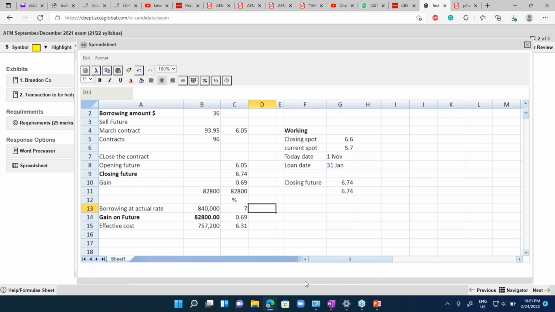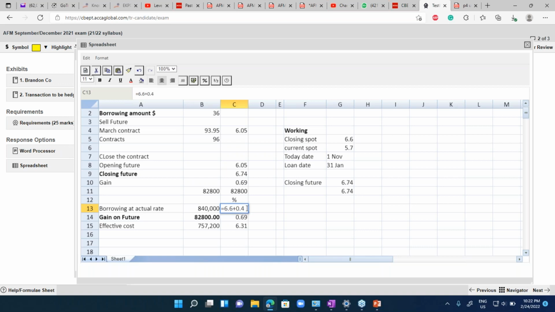Last steps are common in option and future. You will write that you will borrow at the actual rate. Go to the question and identify the actual rate of borrowing. Interest rate moves to 6.6%.